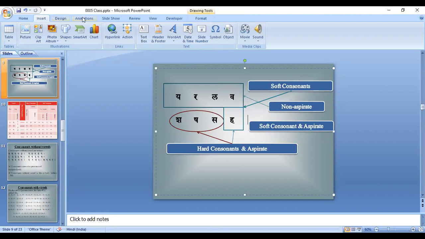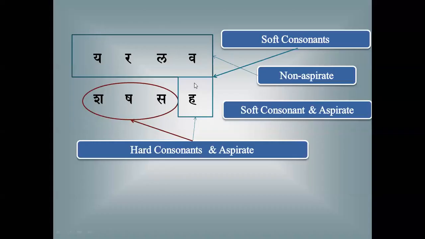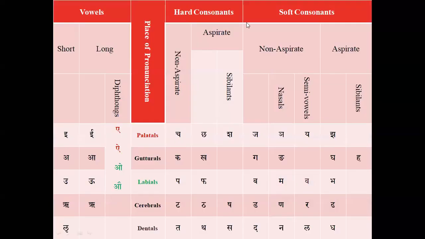And now the whole thing, whatever we have seen, is condensed in the table itself. This table I sent you already, so you can go through it. The table clearly gives a classification based on hard consonants, soft consonants, as well as alpa prana, mahaprana, and the place of pronunciation also is given.